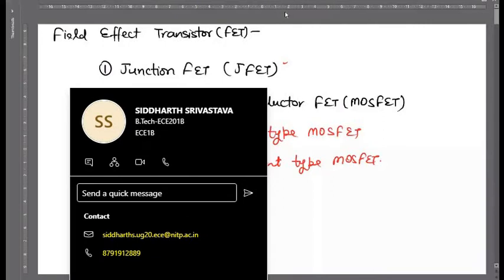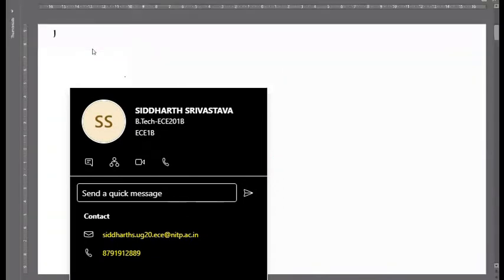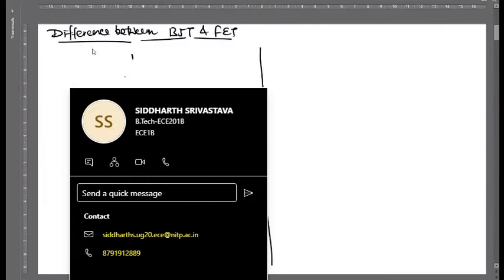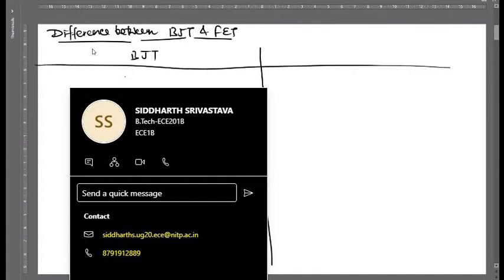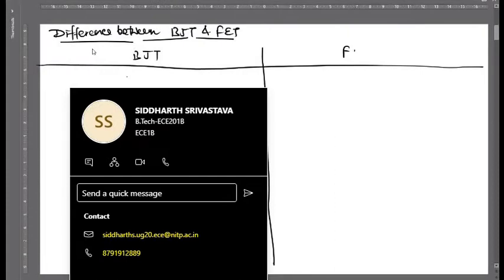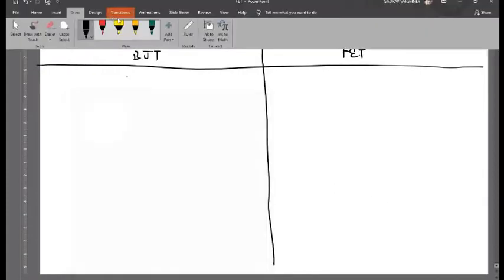Okay, so one question is this: the difference between BJT and FET. What is the difference between BJT and FET? Here on the left side I am writing BJT. On the right side I am writing FET.